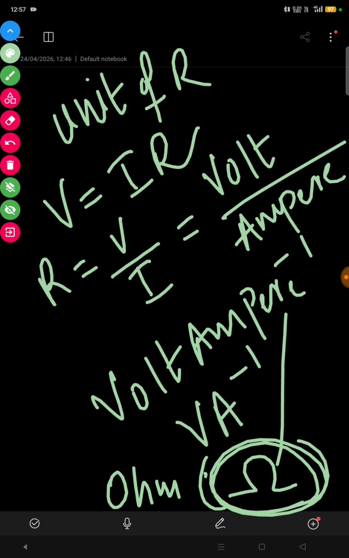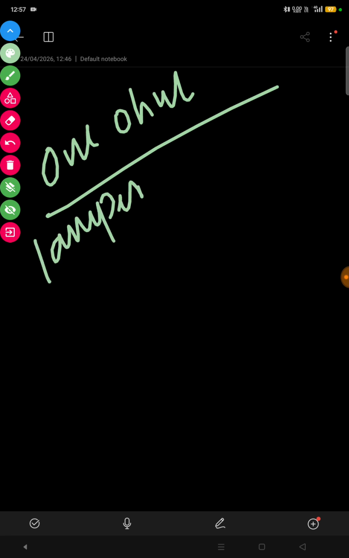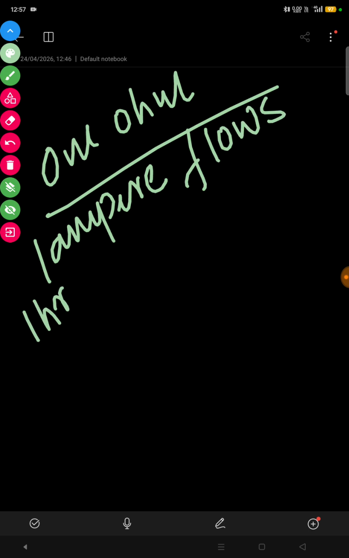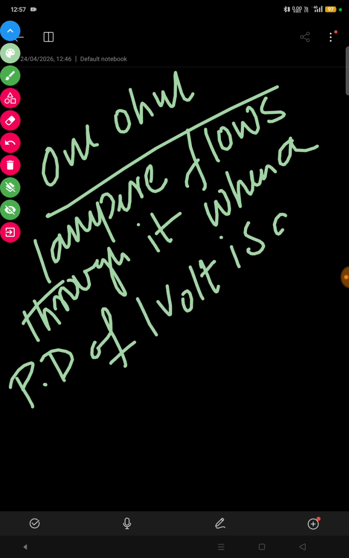So what do you mean by 1 ohm? How can you define 1 ohm? The resistance of a conductor is said to be 1 ohm if 1 ampere of current flows through it when a potential difference of 1 volt is applied.